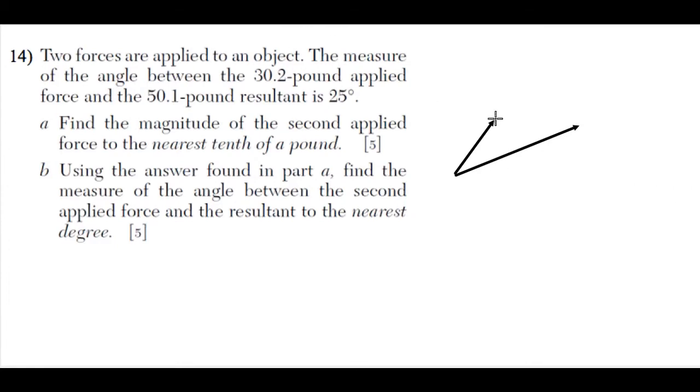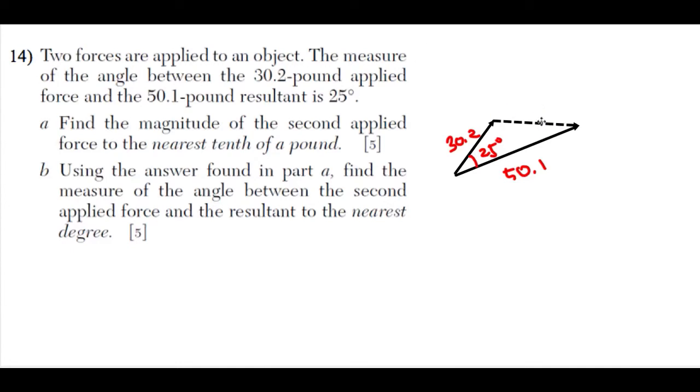In other words, then this becomes the second force, which we cannot see at this point. In other words, this will be 30.2, this will be 50.1, and the angle between them is 25 degrees. So this would have been the second force, which we do not know.